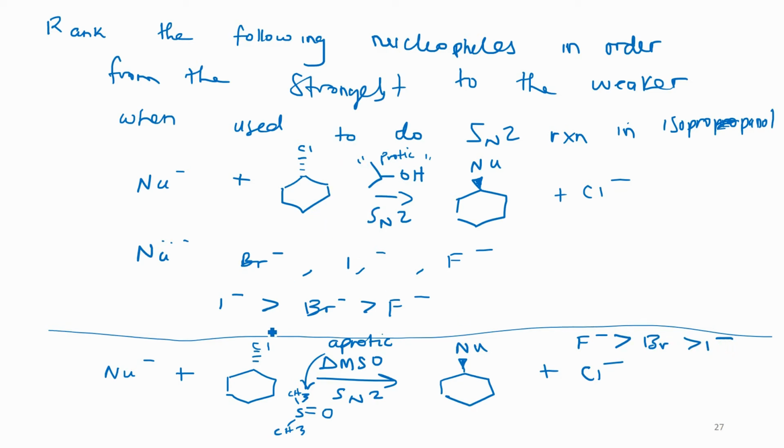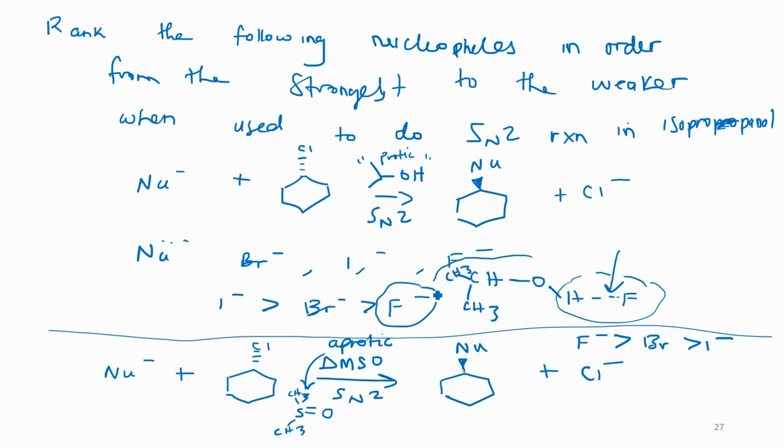Okay, so remember here, F minus in the top question is losing because it's going to be trapped by the solvent. It forms hydrogen bonding. That's the problem. We have isopropanol, so probably I should draw the isopropanol structure. I used water as an example in the previous slide, but here we have isopropanol.